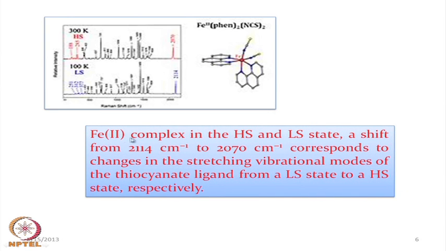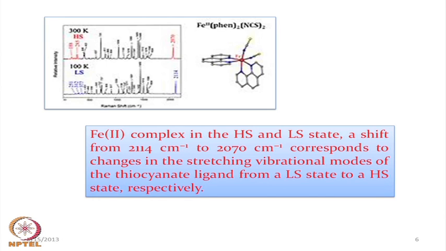So, whatever the high spin iron(II) complex, we can have high spin and low spin states, and a shift from 2114 to 2070 centimeter inverse, the upper one, the red one, corresponds to the changes in the stretching vibrational modes of the thiocyanate ligand from a low spin state to a high spin state respectively.